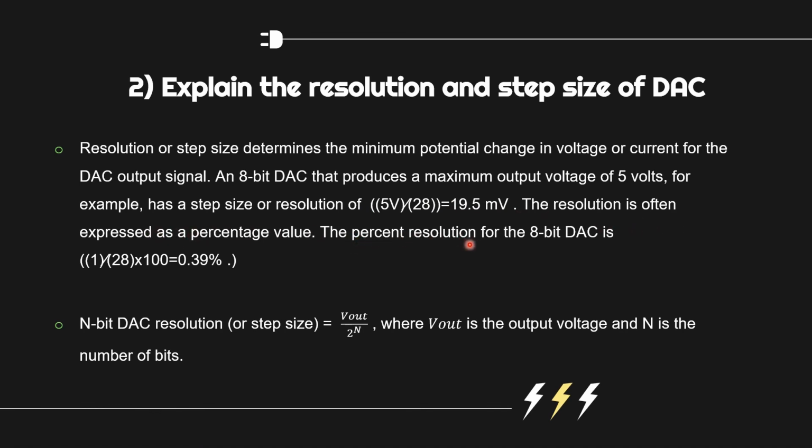The percent resolution for the 8-bit DAC is equal to, using the formula 1 over 2 power of 8 times 100%, equal to 0.39%. Next, the n-bit DAC resolution or the step size uses the formula V out over 2 power of n, where V out is the output voltage and n is the number of bits.